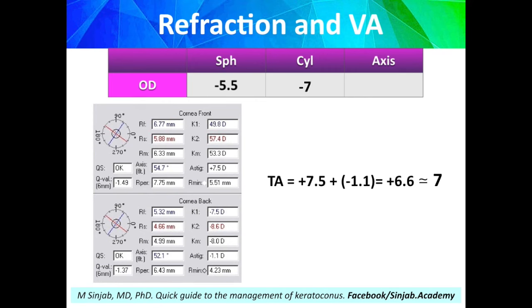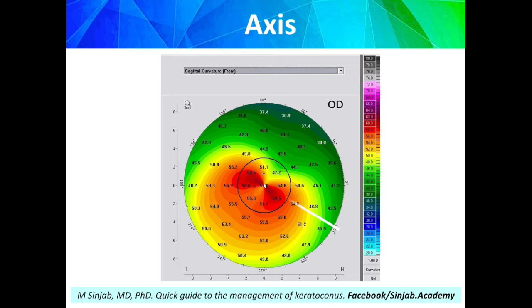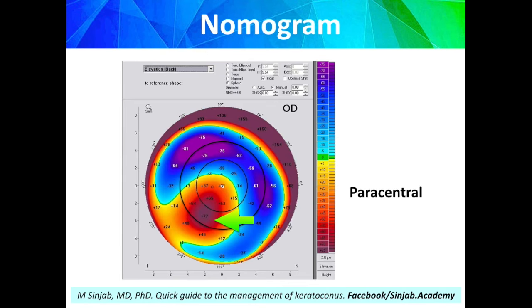The topographical astigmatism is 7 diopters, so I'll put it in the table as minus 7 diopters. The mesopic pupil is smaller than 5 millimeter. This is the axis. It is 150. Since the cone is paracentral, I'm going to use nomogram B.